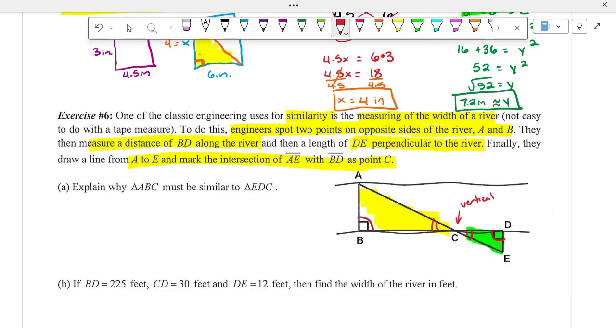Think about it. We only got 2 angles marked. So it has to be angle, angle.